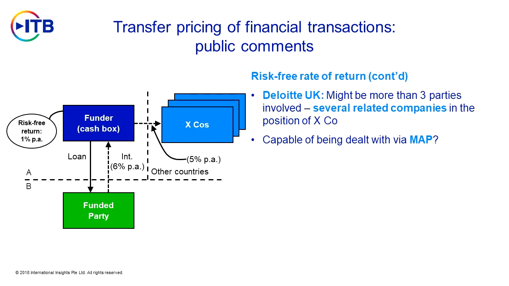It's possible that there could be several related companies in the position of Exco, particularly if there's both global and regional management, which then raises the question of whether such complex situations can be dealt with through the MAP process, which a number of commentators mentioned.